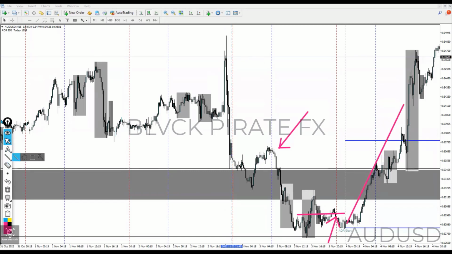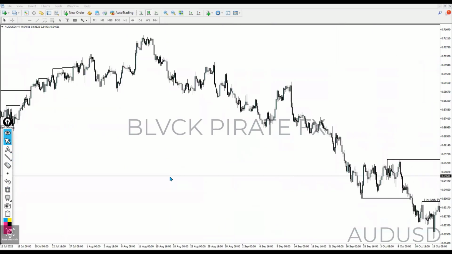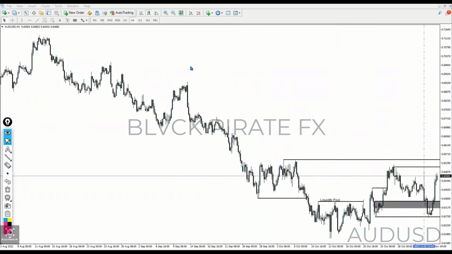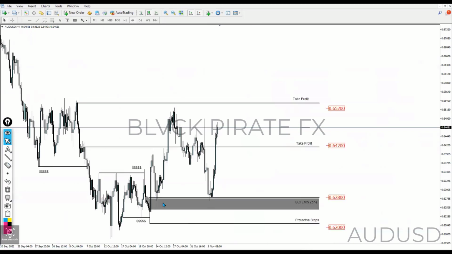So let's take a quick look at what we have on NZD USD for this week. Another quick look at why price stayed within this range. If you remember the previous week, this was the signal that I had given you.